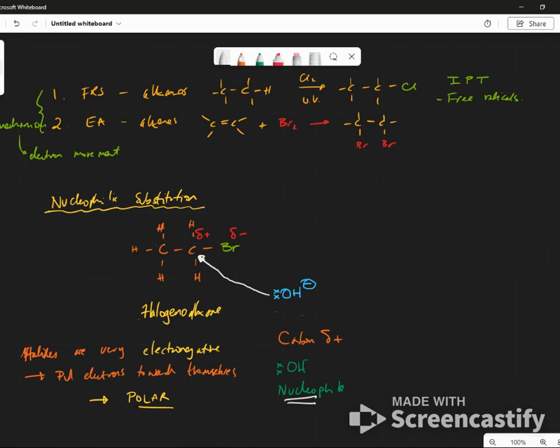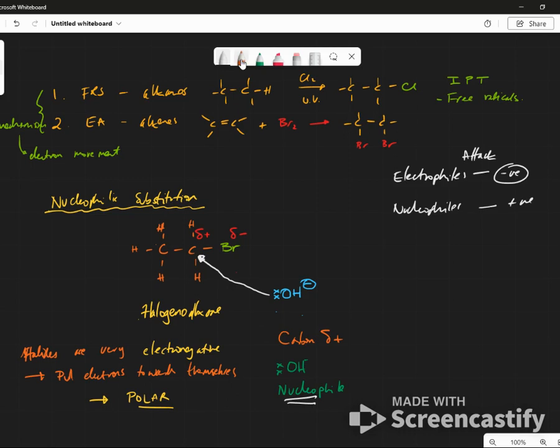It's a bit of a strange name, I must admit, but it means they attack positive things. Electrophiles attack negative things. Nucleophiles attack positive things. So my OH minus ion is a nucleophile. It's attacking a positive thing, and it's the lone pair.